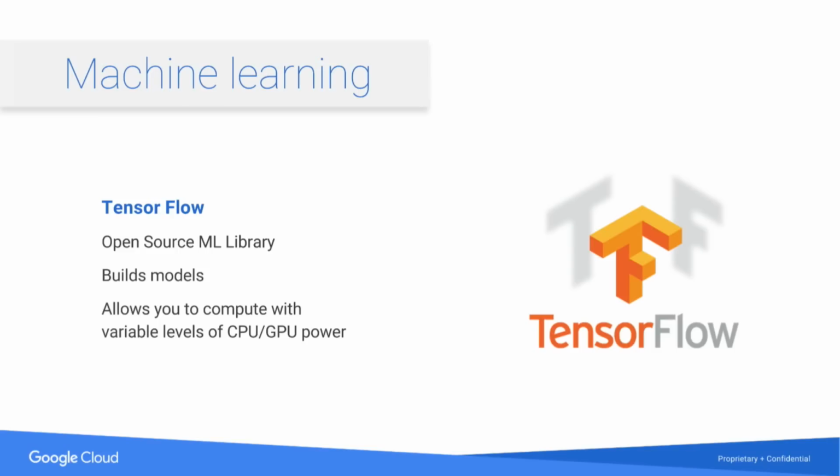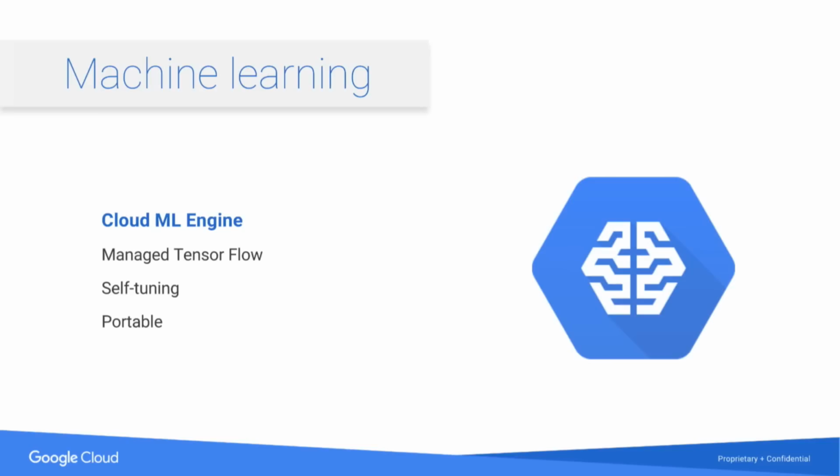It will take various CPU and GPU type capabilities. You can train models on your laptop, on your own server, or once it gets a little bit too big, maybe your data has increased significantly, you're starting to do some satellite imagery, you might need higher compute power. That's really where Cloud ML Engine is positioned. It's about taking your TensorFlow models, enabling them to build at scale, tune, and make them available for use.